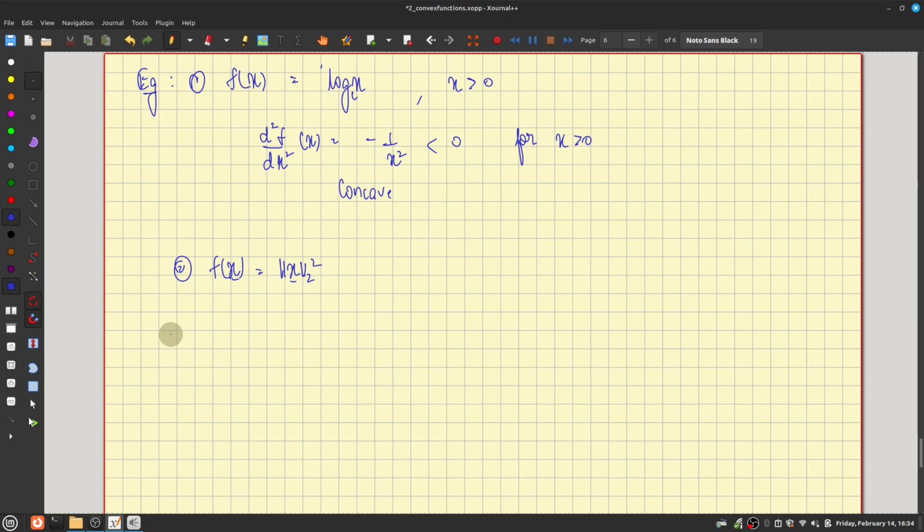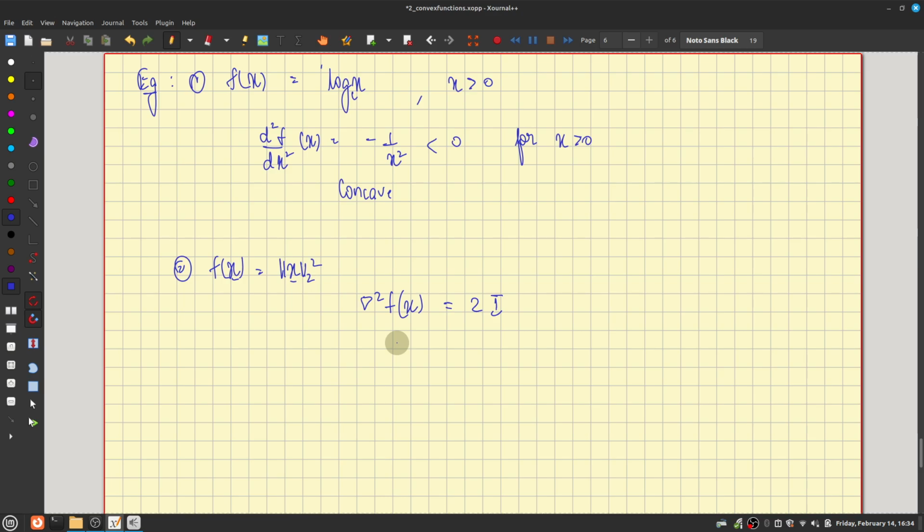The Hessian matrix is 2 times the identity; it's not the Jacobian. If you apply the Jacobian, it becomes 2x transpose, and the gradient will become 2. So this is equal to 2 times the identity matrix.